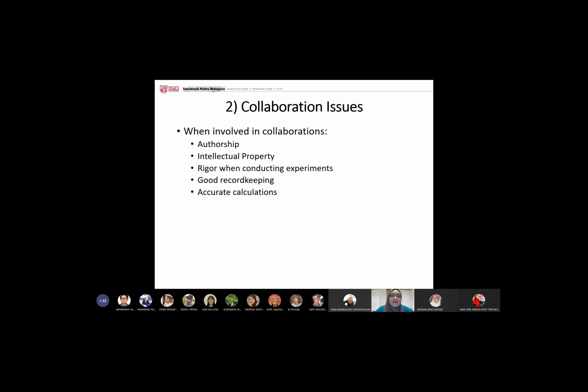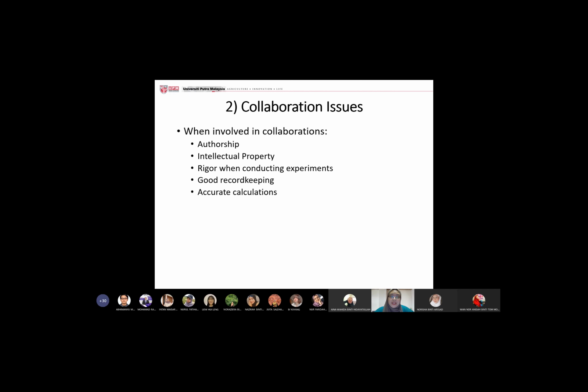Okay, the next one is collaboration issue. This is number 2. So collaboration issue does not relate too much to you guys, but I just want to highlight it, because what you will be doing next with your supervisor is sort of a collaboration as well.